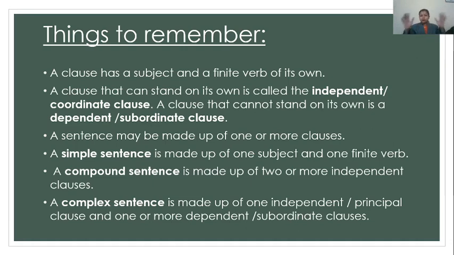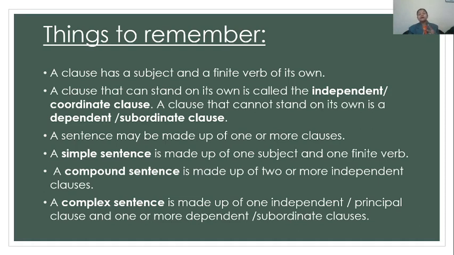So let's conclude the whole class, what you have revised today. At first we have revised the clauses. What is a clause? A clause is a group of words that has a subject and a finite verb, and it makes complete sense.